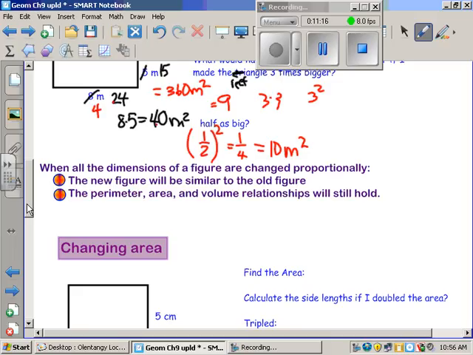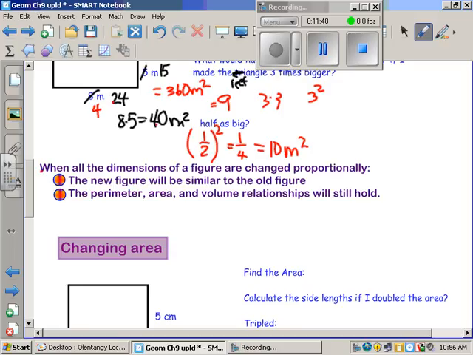If I change 3 dimensions, it's going to cube. Does everybody see that? Okay, so when all the dimensions of a figure are changed proportionally, so if I change the height and the base by the same thing, then the perimeter and area and volume relationships will hold.